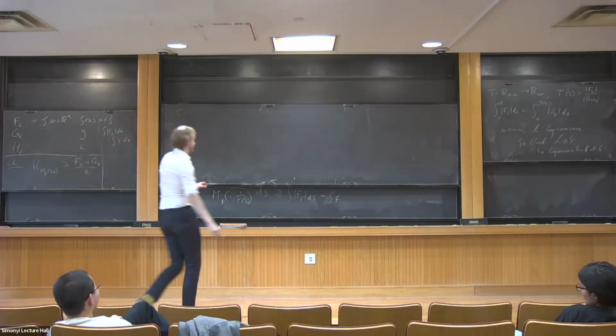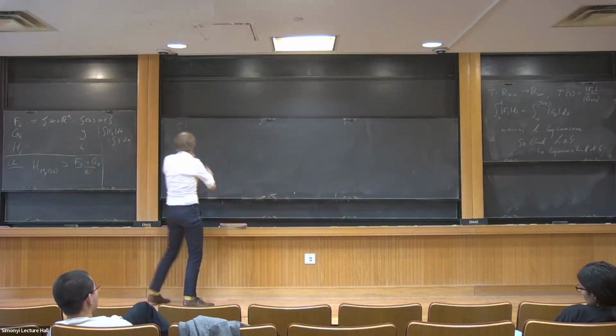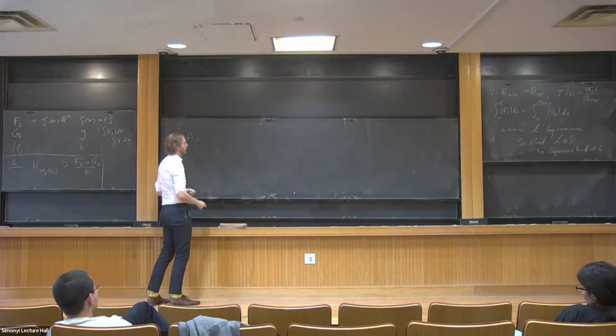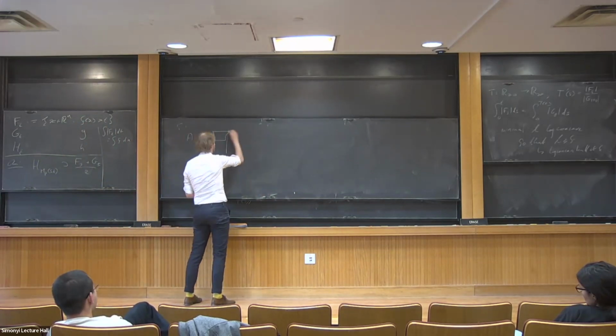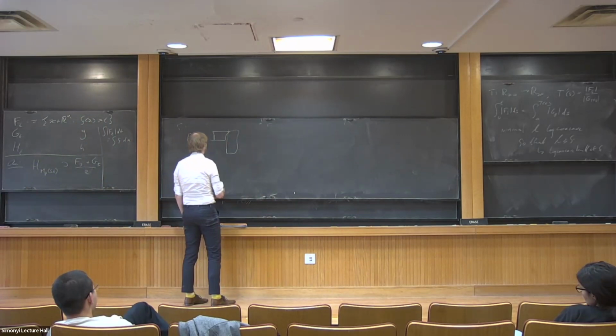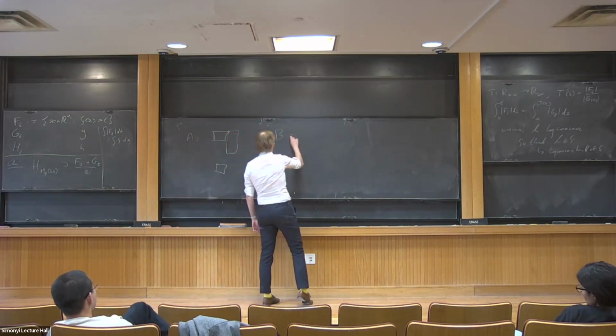Incorrect proof of the stability of Brunn-Minkowski. Let's assume for a second that A is a finite union of cubes, and B is this one.